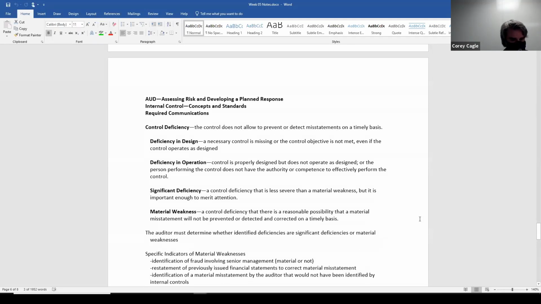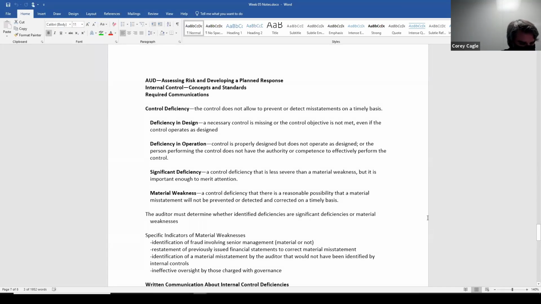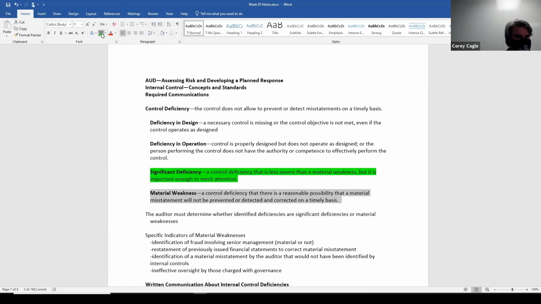The next one, though, yeah, significant deficiency and material weakness. These are important definitions. They're vague definitions, but they're important terms. So again, we're all about controls, internal controls, and we might identify deficiencies in those internal controls.